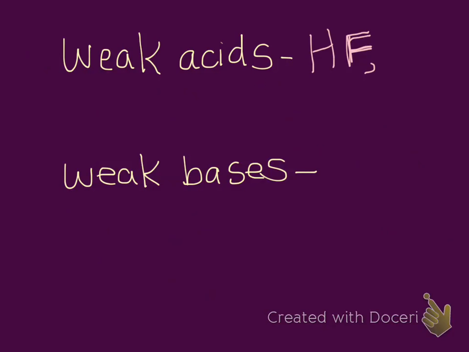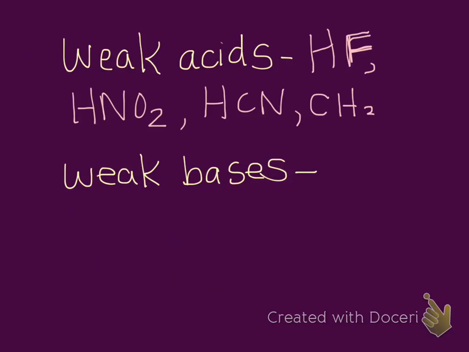HNO2, excuse me, HNO2. HNO3 would be a strong acid. So HNO2 would be a weak acid. HCN, etc. The other way you'll know a weak acid is it'll end with "-COOH". So organic acids, like acetic acid, can be written CH3COOH. Some of the organic acids, the hydrogen is still listed first, and they can be written in either way.